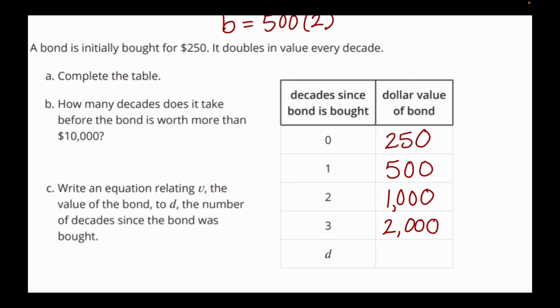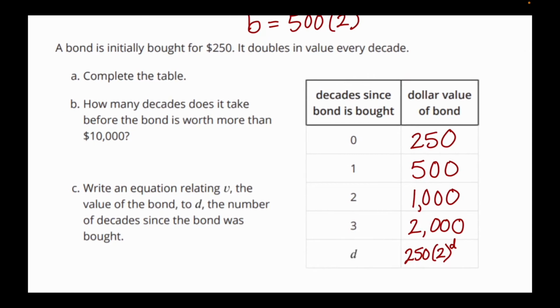So what I was doing is taking 250 and multiplying it by 2 for however many times a decade occurred. So since exponents tell us how many times we are multiplying something, that is going to tell me how many times I would take it and multiply it by 2. So that actually is going to help us out with the rest of this question.